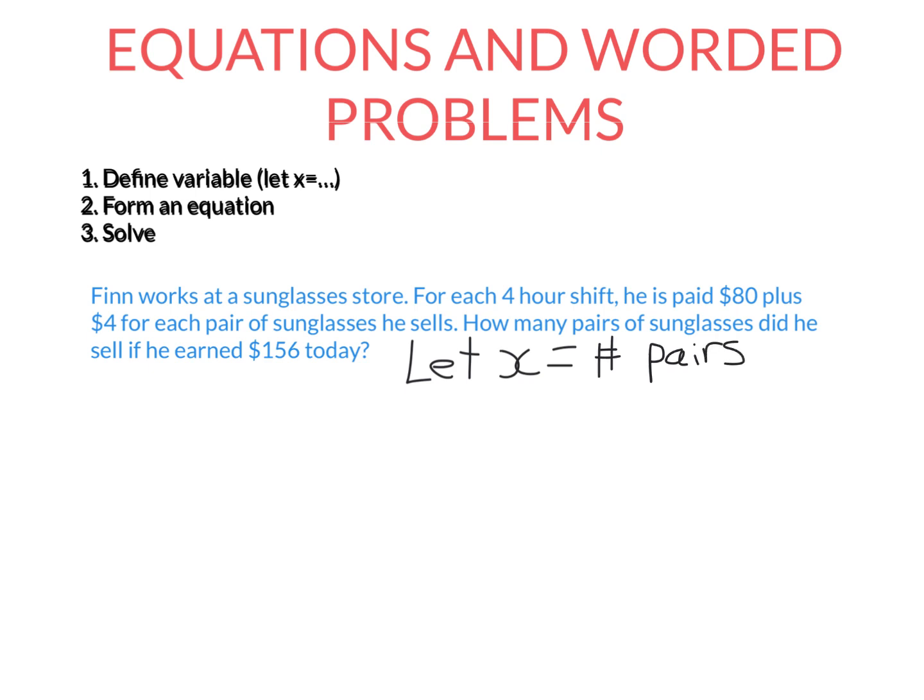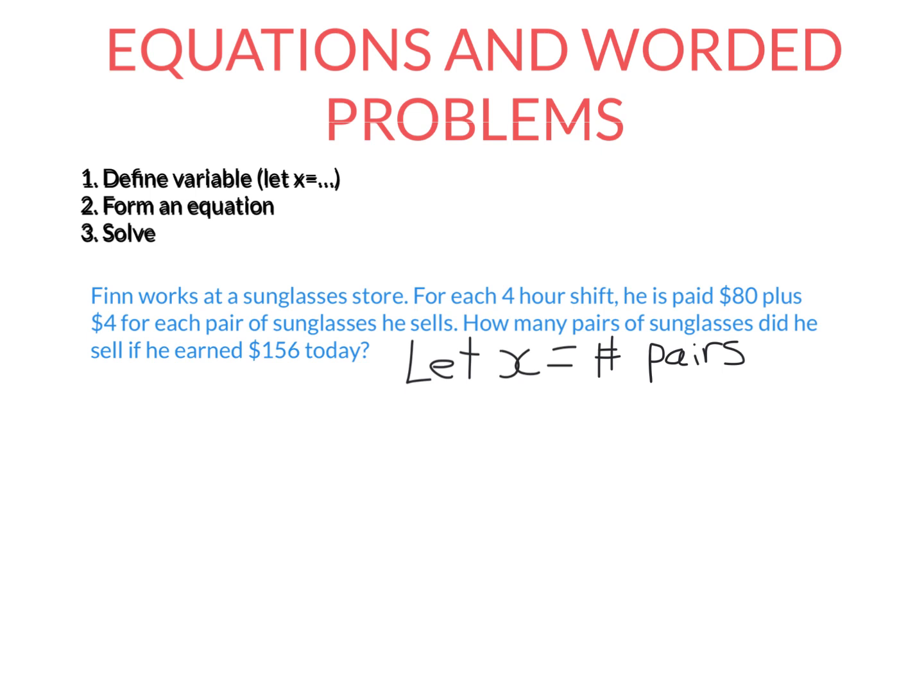Now what we're going to do is rewrite this information using only mathematical symbols. Of course, not all the information is relevant. It doesn't matter that the guy's name is Finn or that he works at a sunglasses store. It doesn't even matter that he's selling sunglasses. All we care about is the money. All we care about is that he earned $80 plus $4 for each of something that he did, and we ended up with $156.